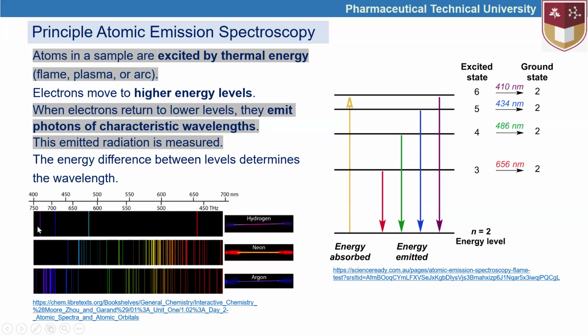For example, the violet color with the 400 nanometer wavelength has 750 terahertz frequency, and the frequency becomes smaller and smaller from left to right towards the red color, infrared, and so on.